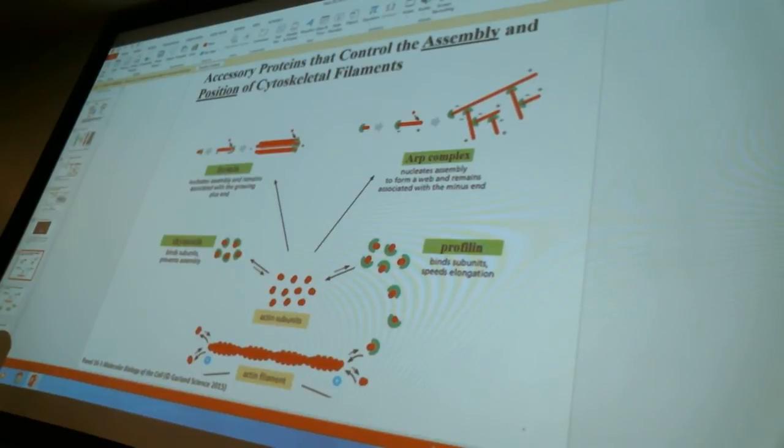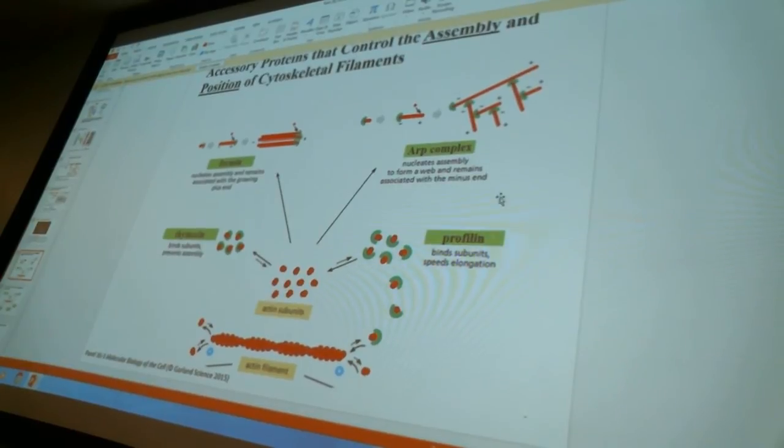It helps to initiate nucleation, these initial stages of polymerization into the filaments, and also promotes further growth of the polymer. So this protein is really responsible for growth of the long filamentous structures of the actin.